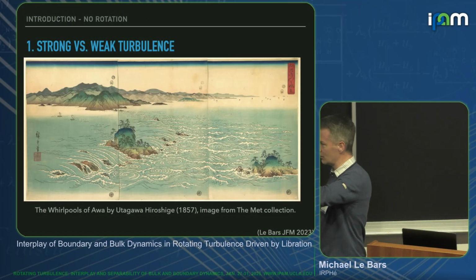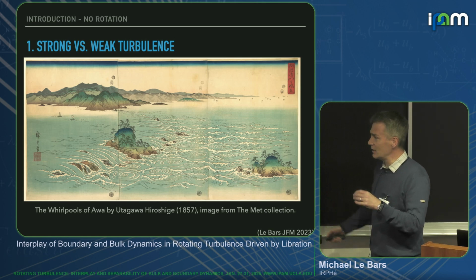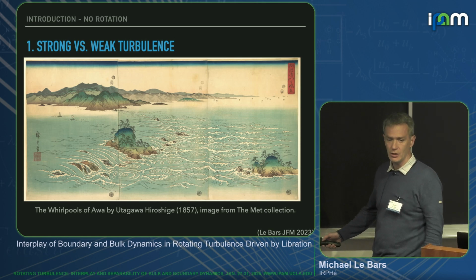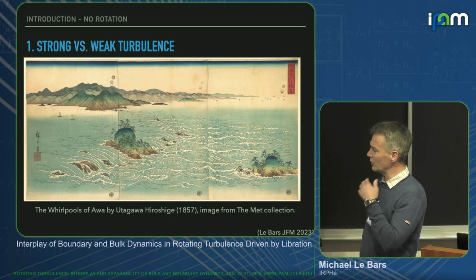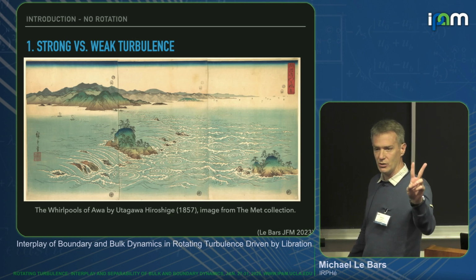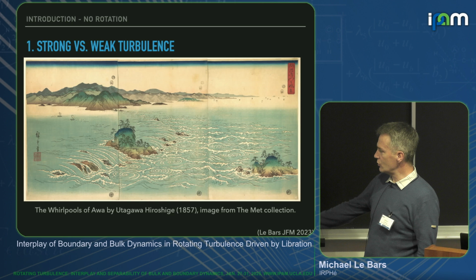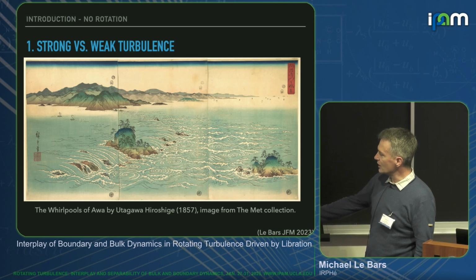Okay, so as an introduction, let's start with something that is most easily seen, the surface of the ocean. So in this picture, you can also notice two different types of turbulence. The one that we are used to is here, with big vortices, breaking waves, and so on. But you also have turbulence in here.